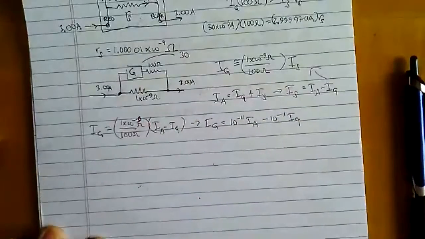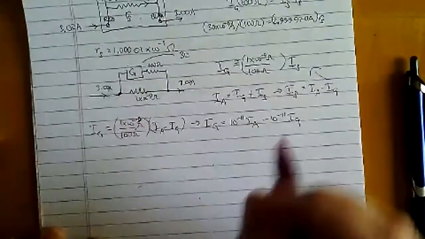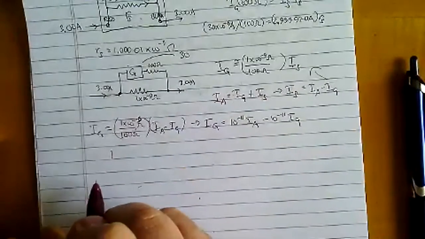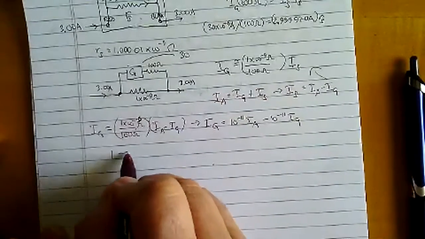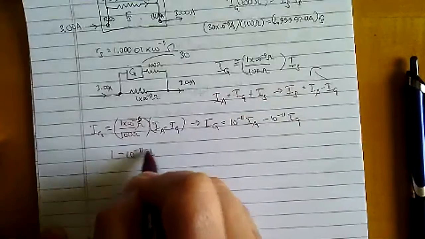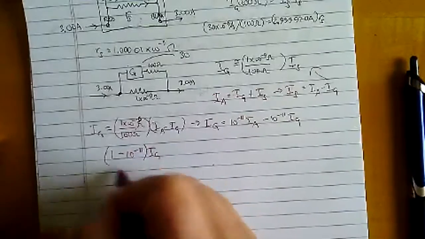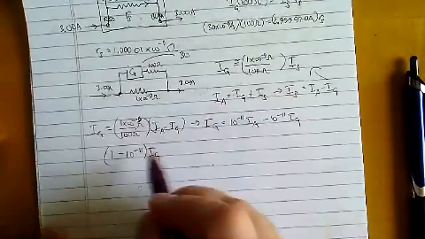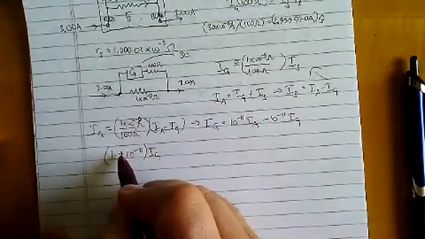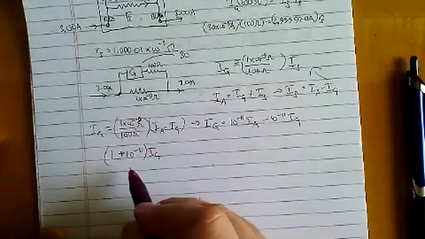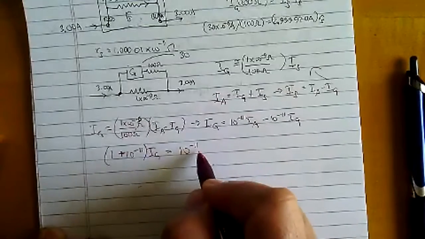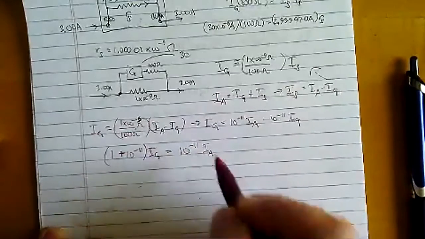If I really want to get IG and see how it relates to IA, I need to pull the IG over here. So I'll have 1 minus 10 to the negative 11th times IG, because the IG had a coefficient of 1. When I pull that over here, that actually becomes plus, not minus, sorry. So plus 10 to the negative 11th times IG, and that's equal to 10 to the negative 11th times IA.